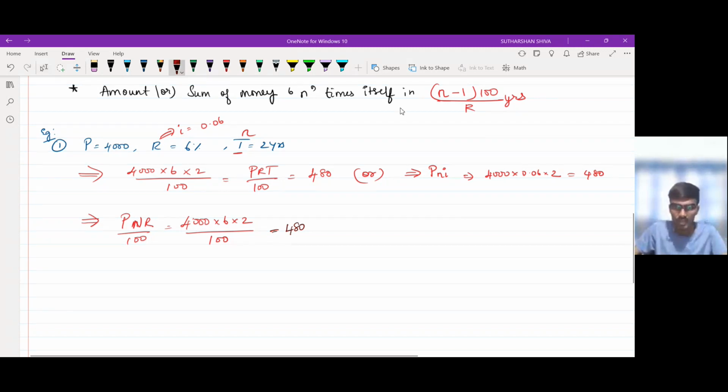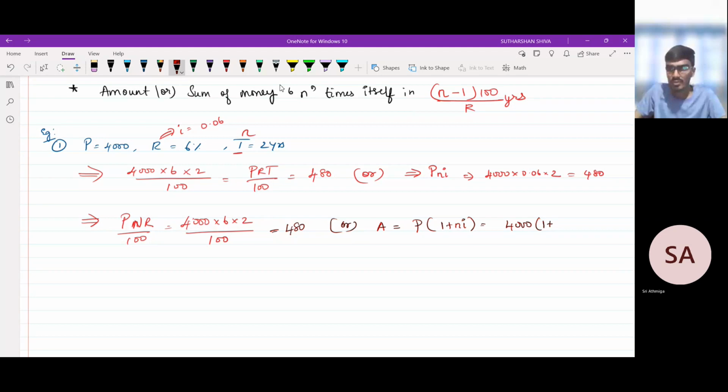Yes. We have one more thing also. Suppose they are asking for the amount in this question, which formula will we put? P into 1 plus Ni. What is P? Principal, 4,000, into 1 plus N. What is the N value? N value is 2.